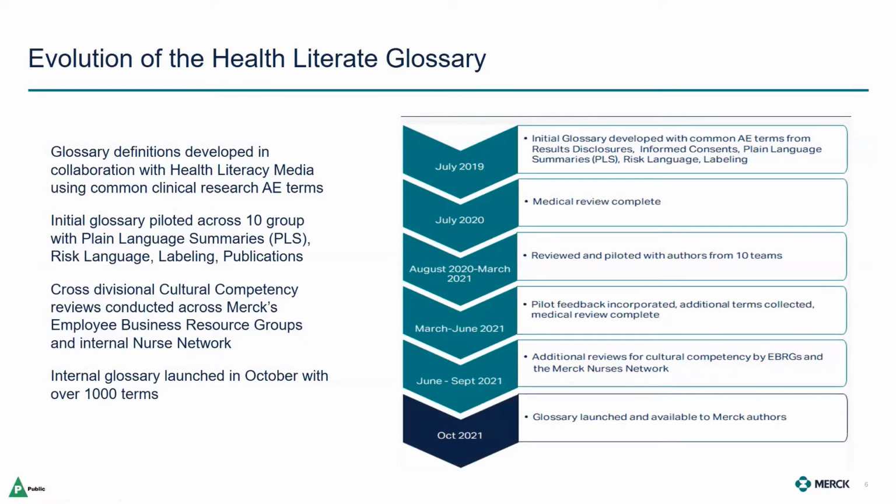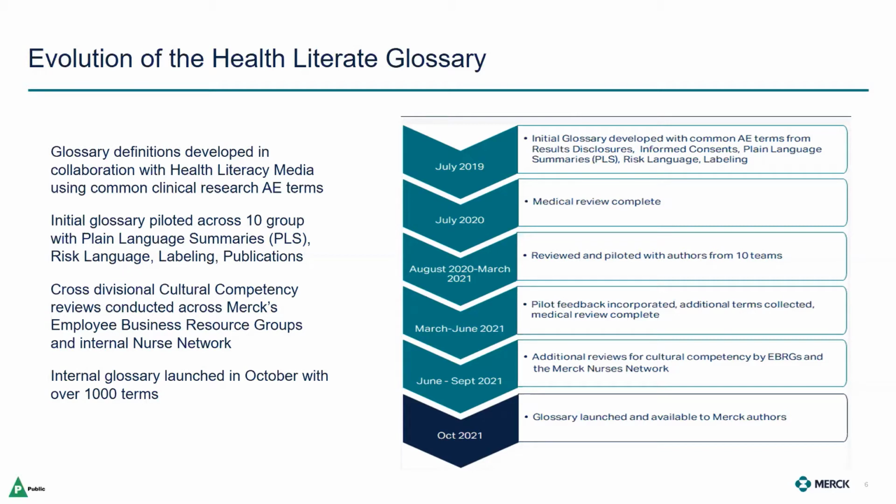So this all started in July of 2019. The team used common adverse event terms from results disclosures, the informed consent, risk language, and labeling. And the team enlisted medical reviewers. These were physicians at the company who were able to review the terms and definitions for accuracy.